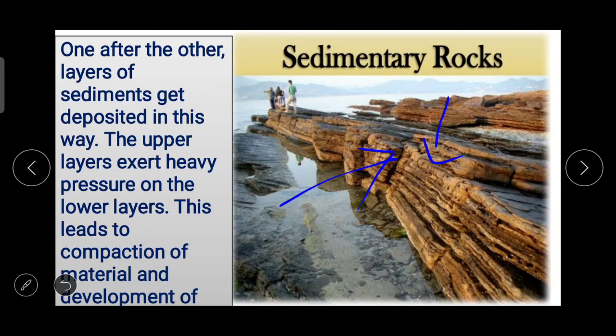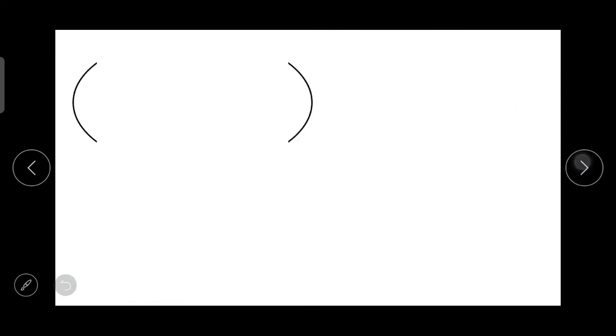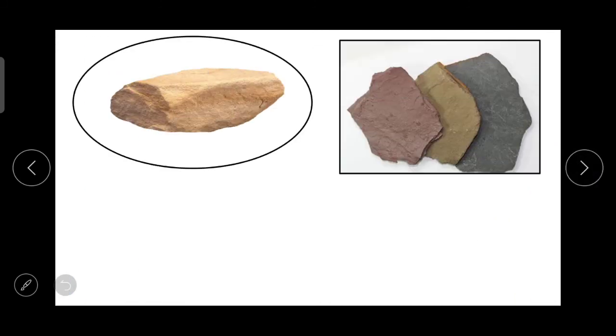Here now one can easily see layers in the sedimentary rocks, like here, layers. And while layers are getting deposited, the remains of dead animals or plants get buried in these layers at times.